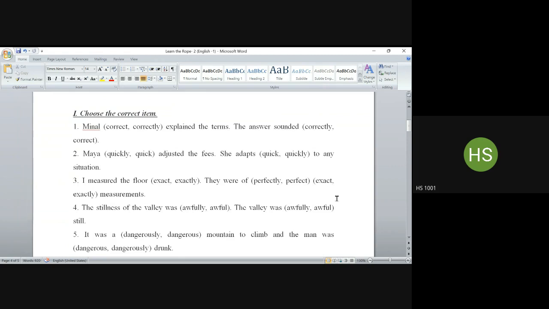The second part, the answer sounded correct. What kind of usage is this? This is an adjective, and we are not saying that this is a correct answer. Your adjective correct comes at the end of the sentence. This kind of usage of an adjective is called a predicative usage.